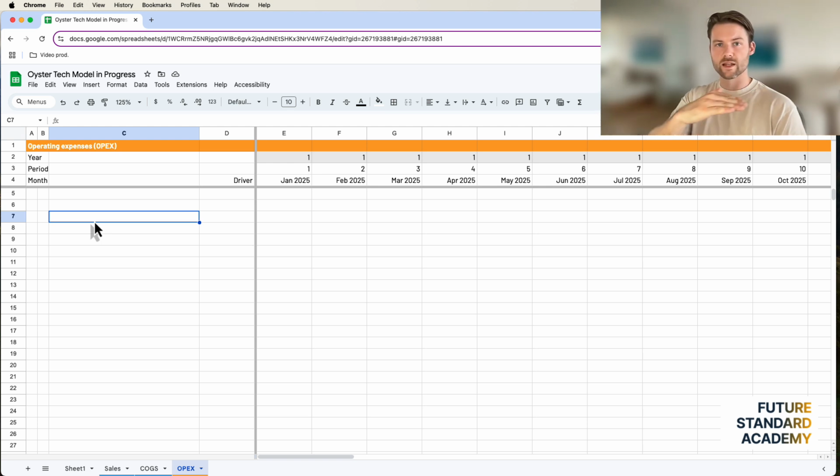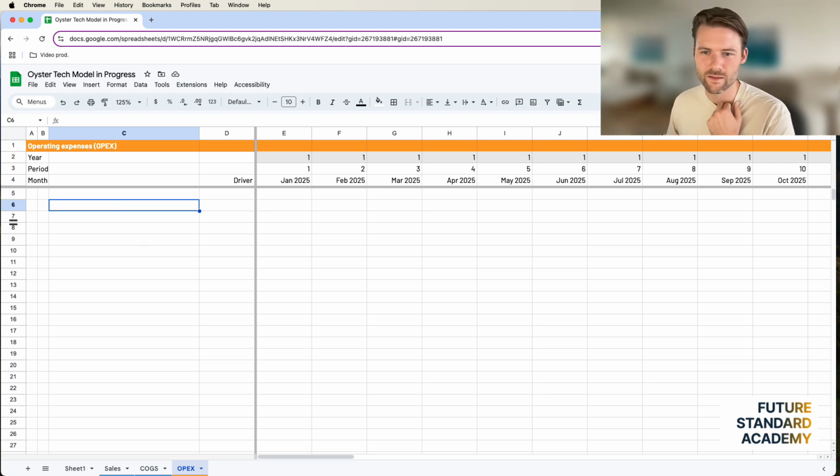And you're going to see a step function when they do increase, right? Because they're going to increase in big chunks. Say someone got a raise, now it's going to step up and it's going to be that way until the next raise, right? Whereas cost of sales tend to be variable and they scale with sales. That's another way to tell which cost might be best attributable to which sort of category.